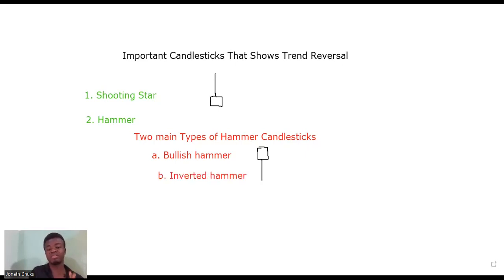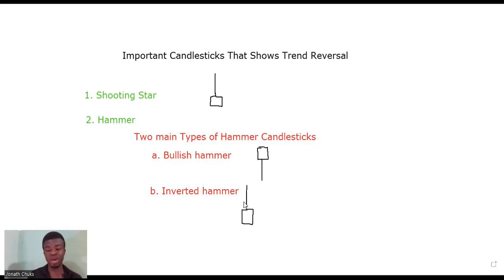The next one is the inverted hammer. Sorry for that, it looks like this. Do you understand? This is how the inverted hammer looks, no matter what you're trading, where it changes the direction. If you look at this, it looks exactly like a hammer.